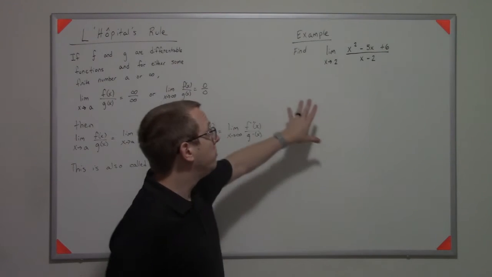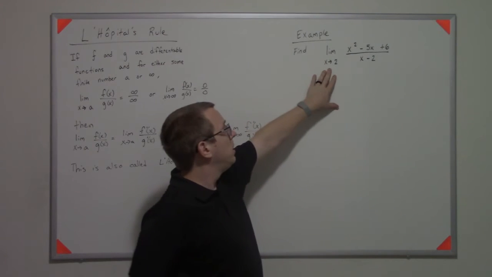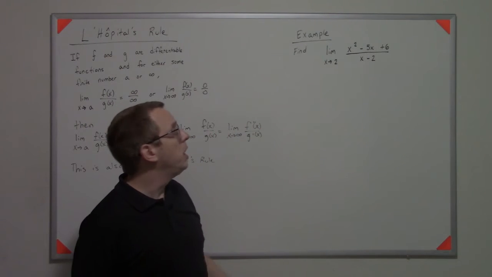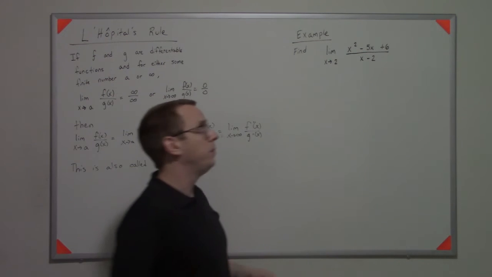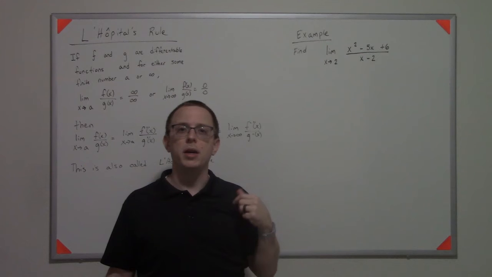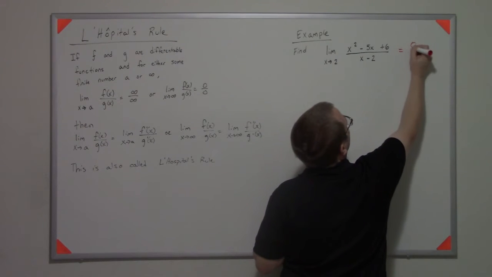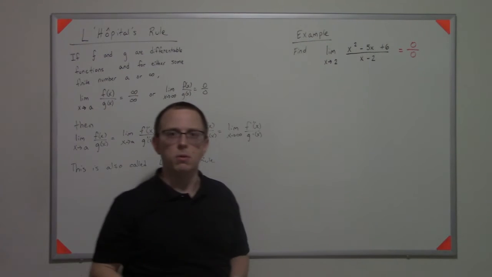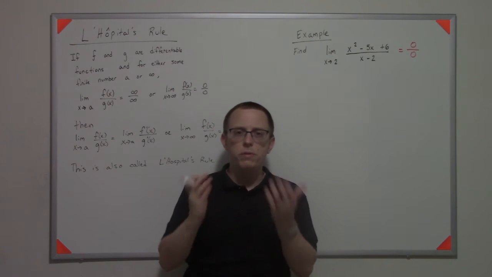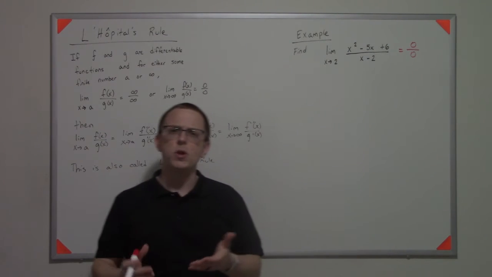So let's take a look at something that we should already know how to do now. This limit here, as x approaches 2. If I plug in 2 directly, I get 4 minus 10 plus 6. So I get 0. And on bottom, I clearly get 0. So we've taken a look at limits like these before, and the way we solved it was by factoring.